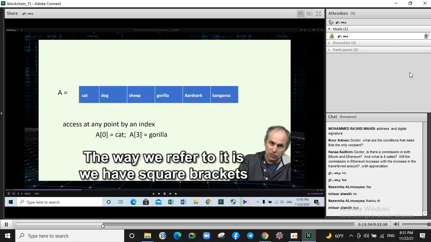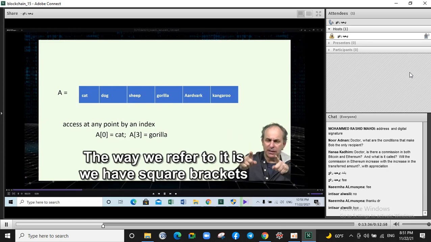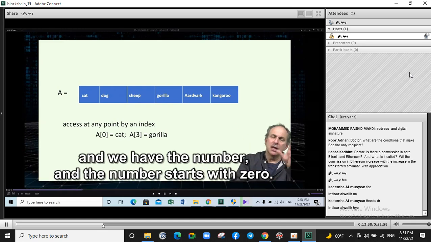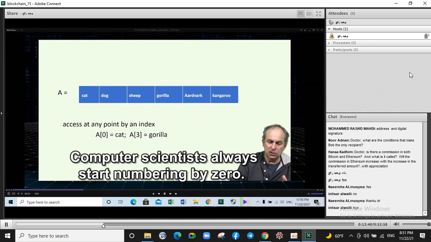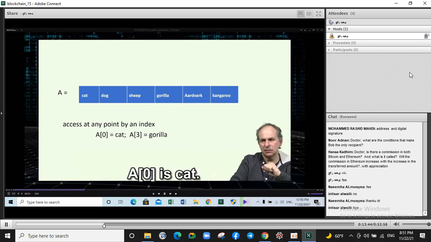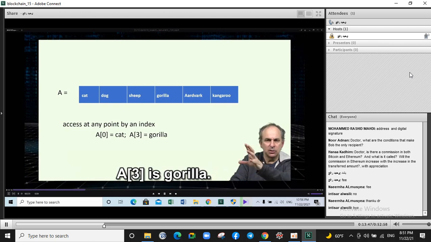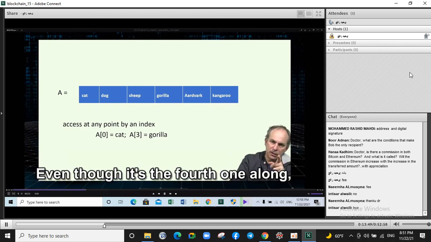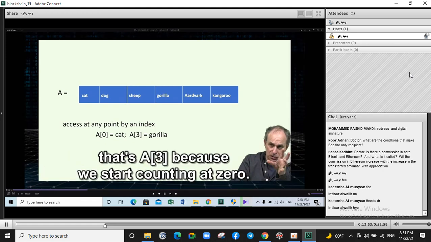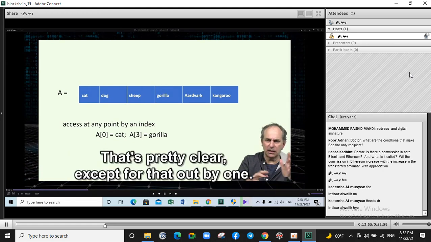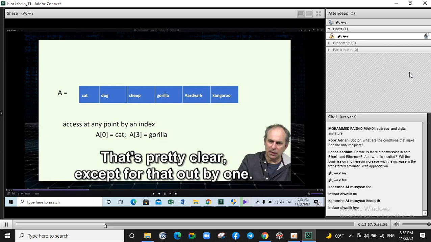The way we refer to it is we have square brackets and the number, and the number starts with 0. Computer scientists always start numbering at 0. So A[0] is cat, A[3] is gorilla. Even though it's the fourth one along, that's A[3] because we start counting at 0.